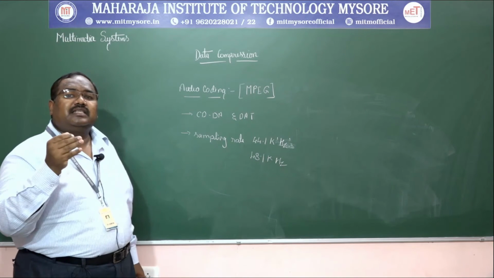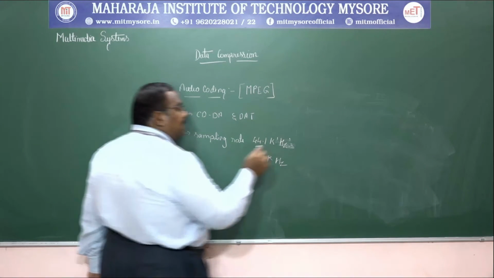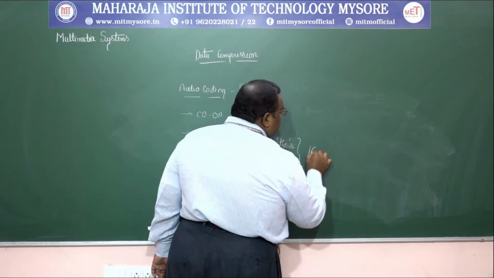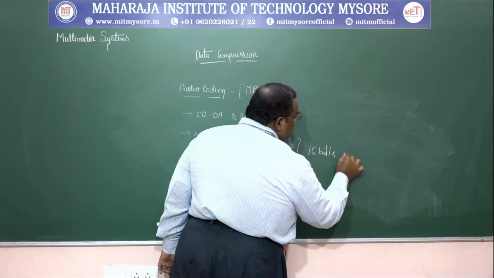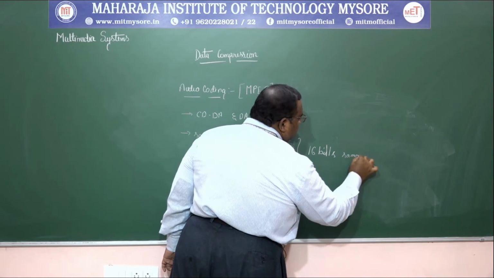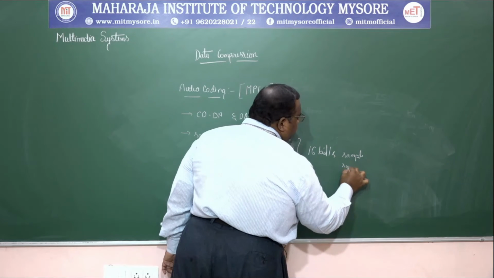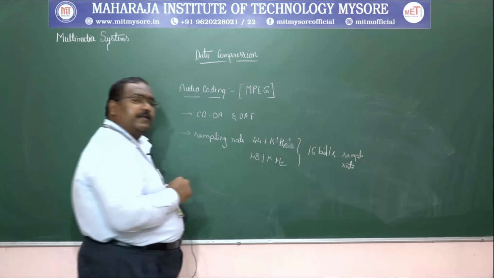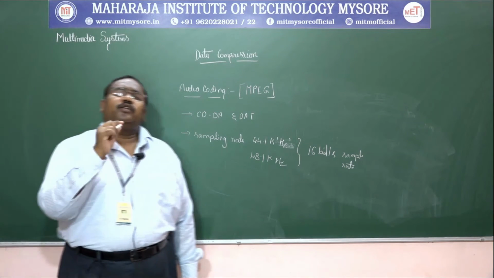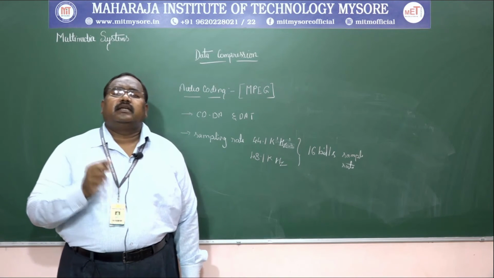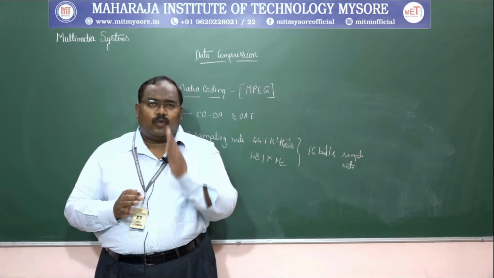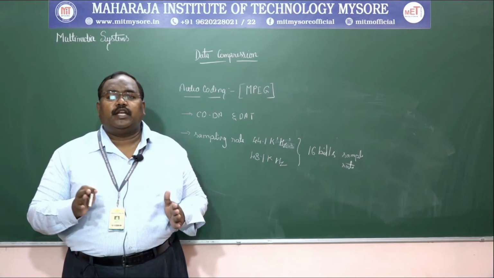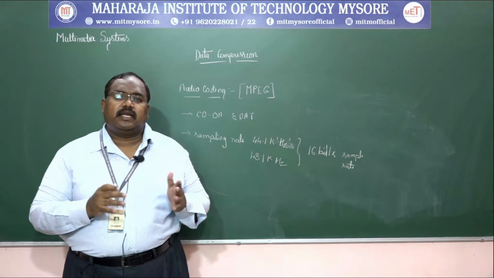So we use 16 bits per sample. That's the sample rate, and each audio signal is compressed to either 64, 128 or 192 kilobits per second.